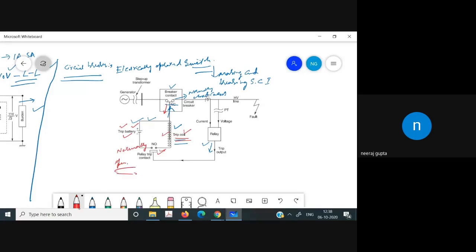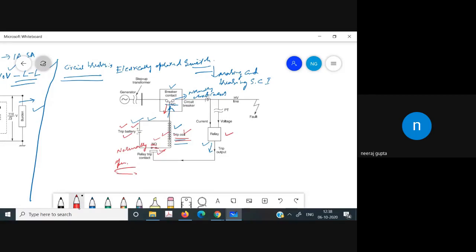Now what happens? Suppose the relay gives the trip signal. When the relay gives the trip signal, the relay trip contact which was normally open is closed, and after that the circuit is complete.